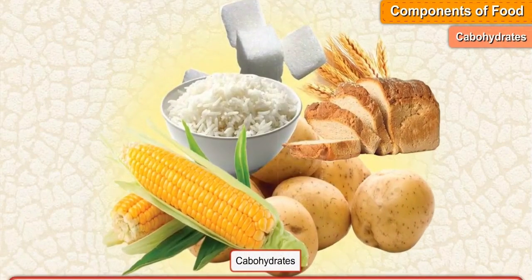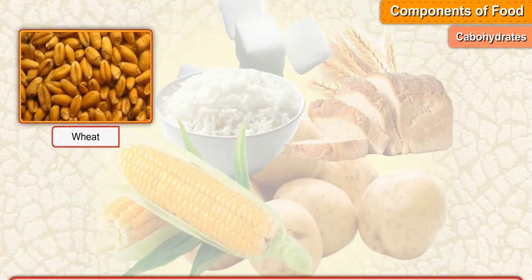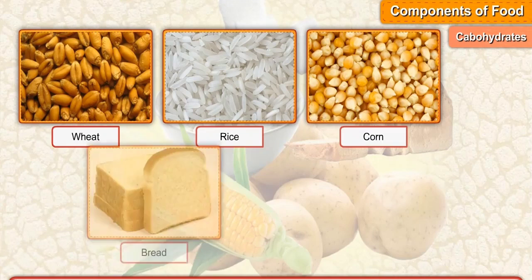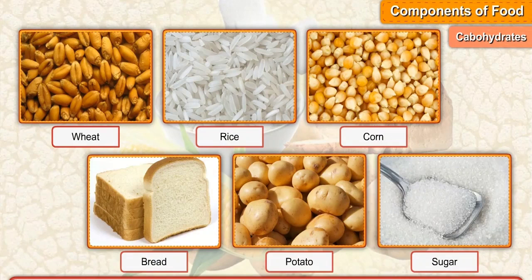Carbohydrates. Carbohydrates give energy to our body. Wheat, rice, corn, bread, potato, and sugar are some sources of carbohydrates. Fats.